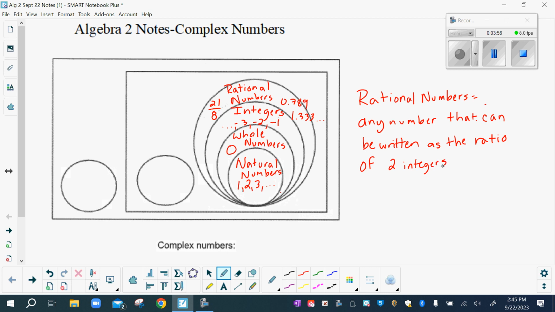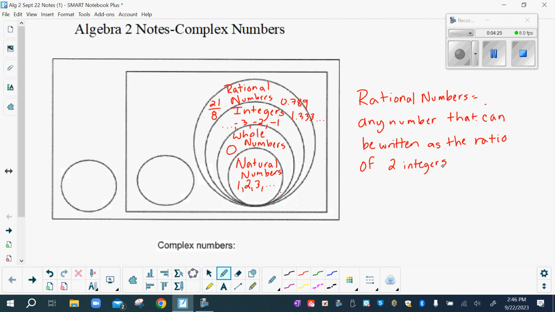So remember, the integers were all of these numbers here. And what does ratio mean? So it could have a colon, it could have a division symbol.